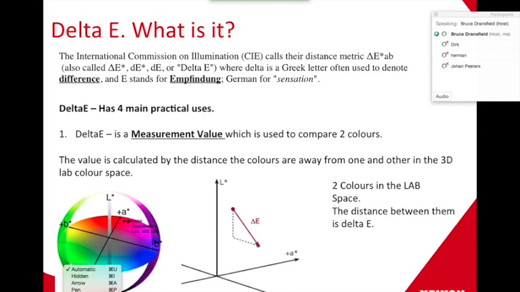So we know we have our three-dimensional space, we discussed that earlier on, LAB, and a colour is defined as an LAB coordinate.